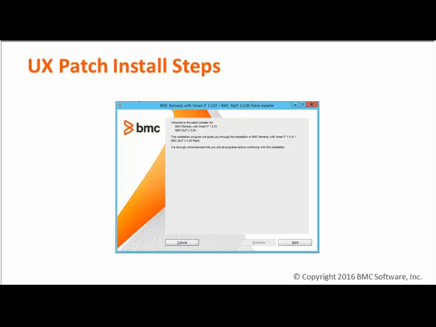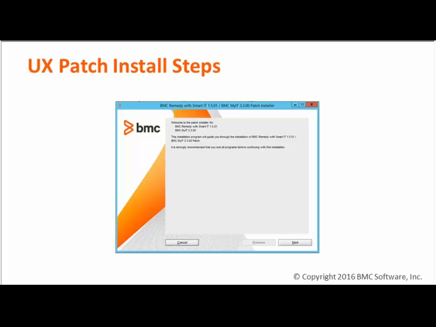Since both are packaged together, it's going to install both. From a UX installer perspective, if you're only deploying MyIT, you have an option to deploy only MyIT related workflows, which is mainly the SRM and RKM approval related stuff, and not the SmartIT ones.